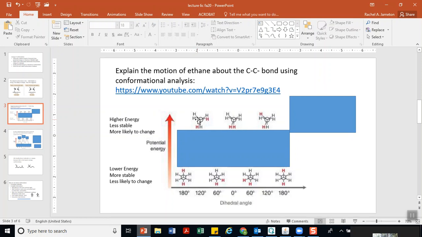You're going to come back down. Same thing with this eclipsed conformation, and we saw that in the video too, right? The molecule just didn't spend much time in the eclipsed conformation. And so down at the bottom, lower down, is the lower energy, more stable, and less likely to change conformation. And that's the staggered conformation.